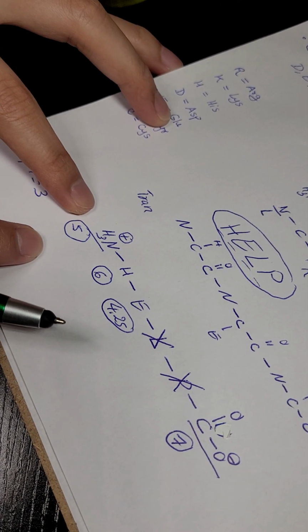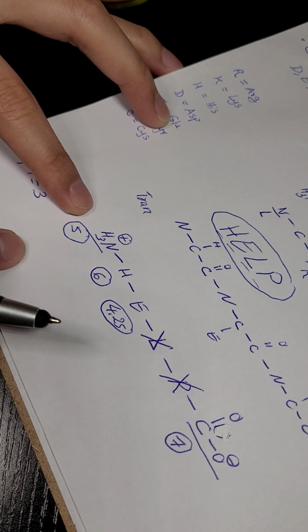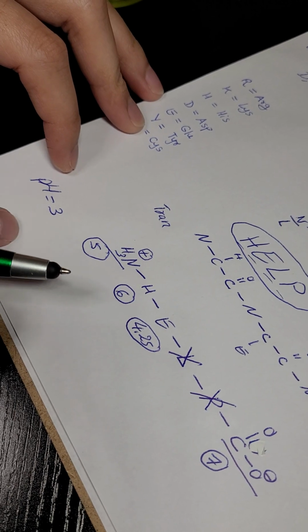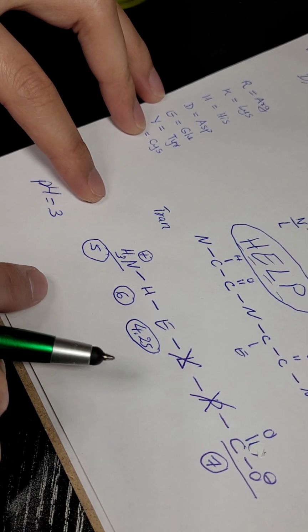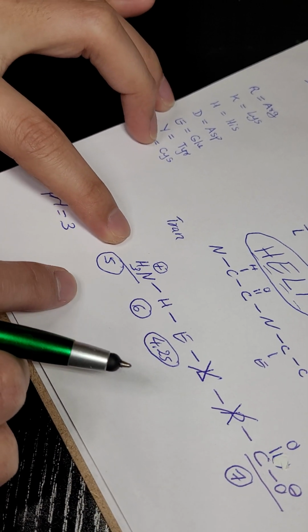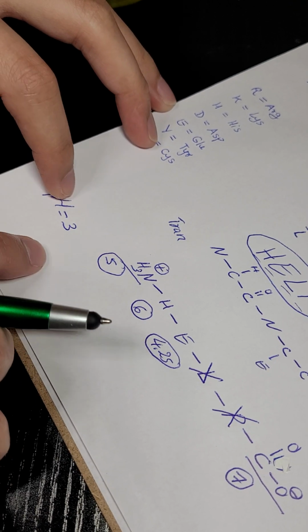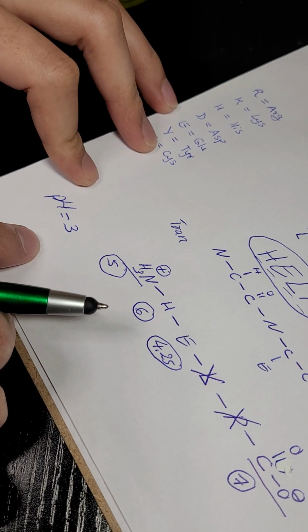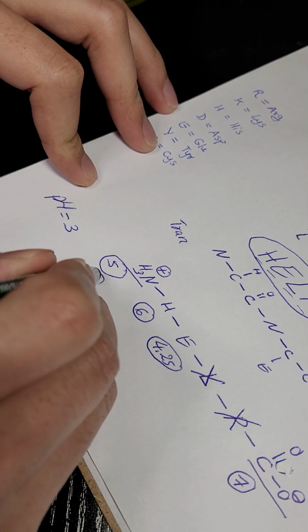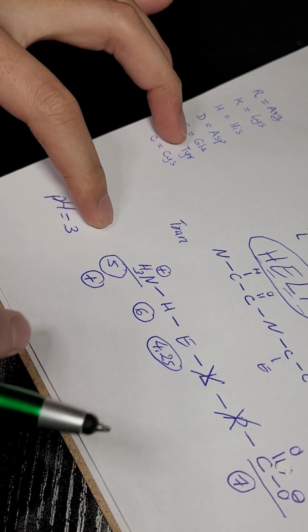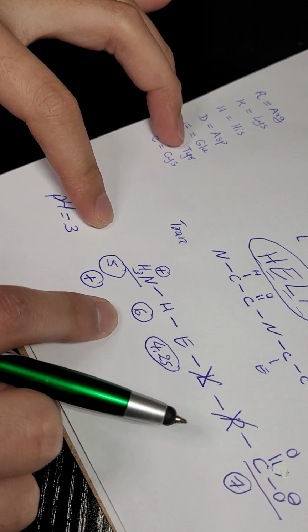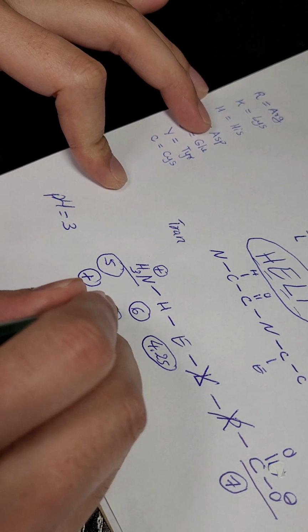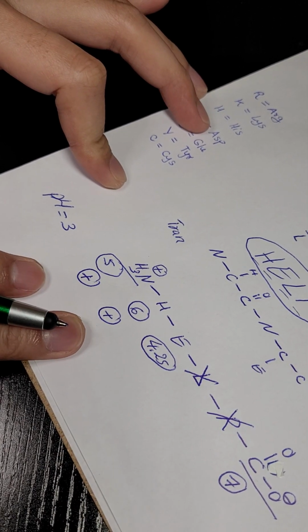If I give you pH 3, now you have to compare. The positive charge will be when the pKa is higher than pH. This one pKa 5, this one 3. This means pKa is higher than pH, so this one will be positive charge. Histidine or H is 6, higher than pH 3, it means positive charge. Okay, we have two positive charges, right?